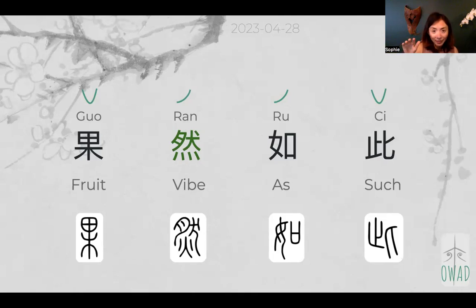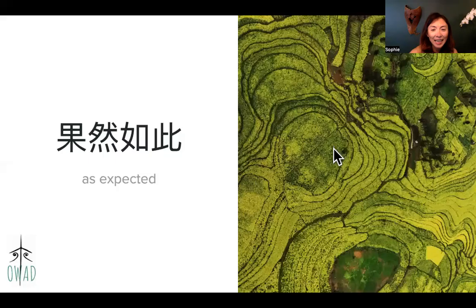So this it, stop right here, becomes the referral of here and now, the current happening in front of us. We're not saying the past or the future or somewhere else. It's here and now. That's 此. So 果然如此. Together, it means as expected.